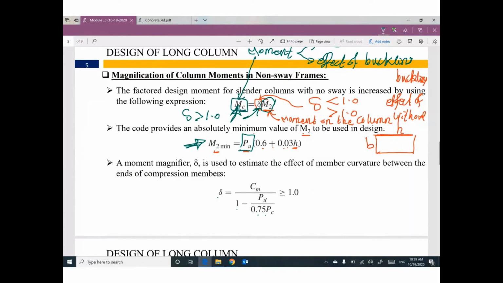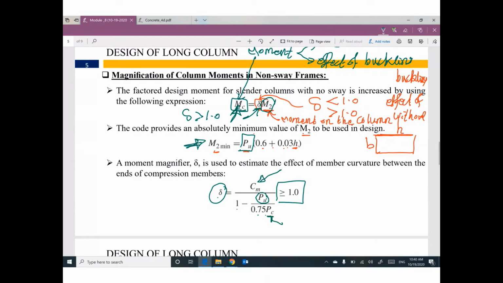And this value for delta must be greater than or equal to 1. So I believe I am good with this term, P ultimate. I still need to figure out the value of Cm and the value of P critical.